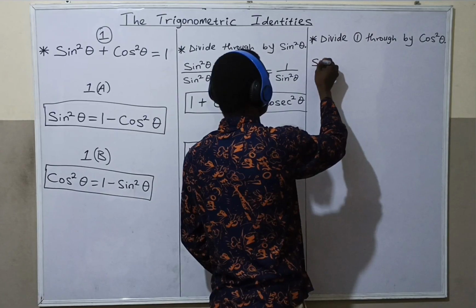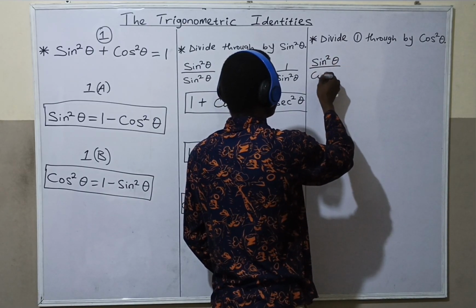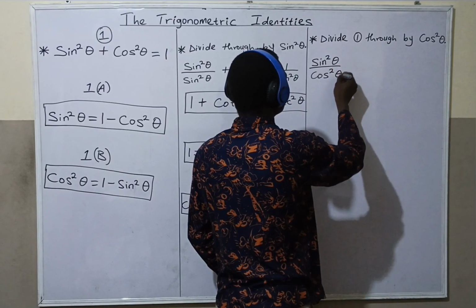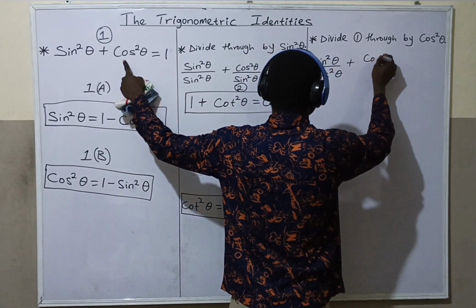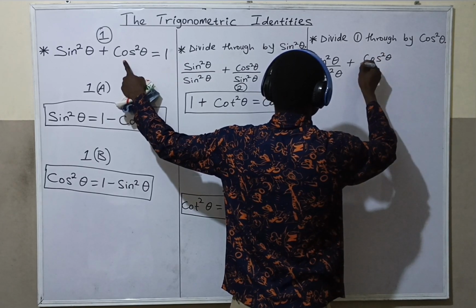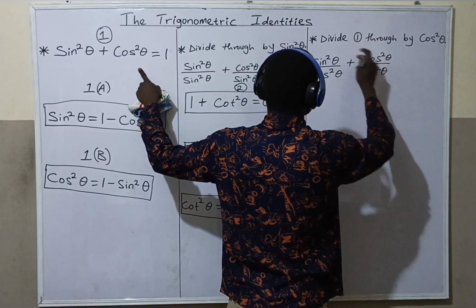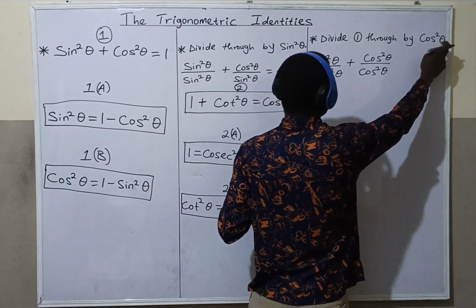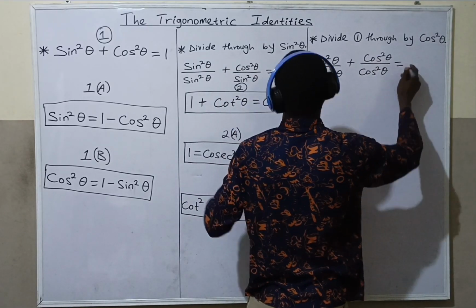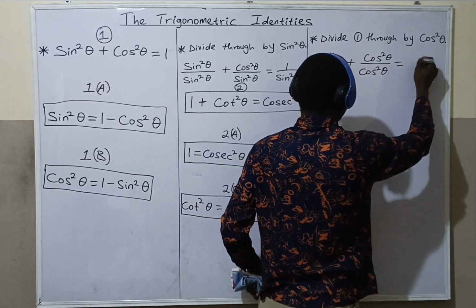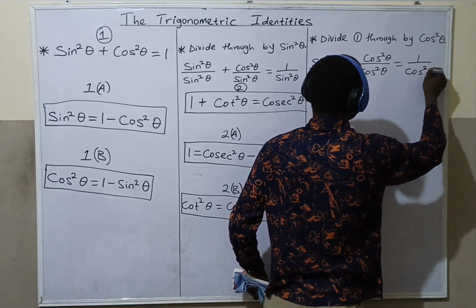We'll be having sin² theta divided by cos² theta plus cos² theta divided by cos² theta, because the instruction says divide through by cos² theta. So you divide the first one by cos² theta, divide the second one by cos² theta, and of course, lastly, the one after the equal sign also will be divided by cos² theta.